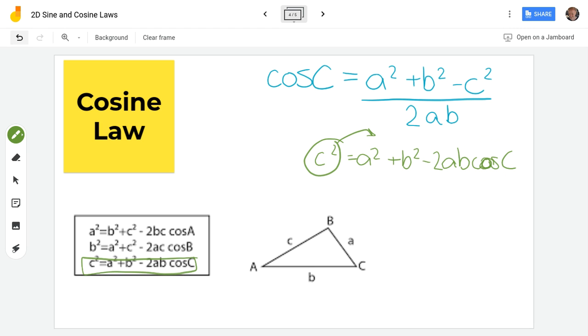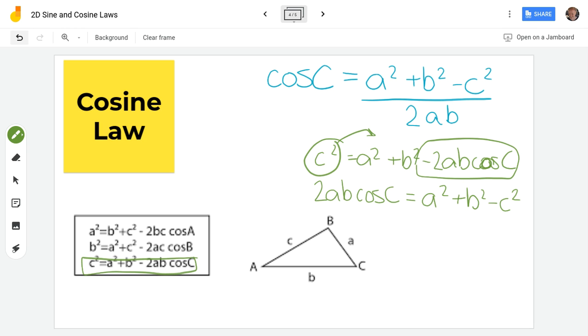I'm going to do those in the same step just for the sake of space. So I took this entire term, negative 2ab cos C, and I added it to both sides. So now it's on the left side. And then I'm going to take the c squared term and subtract it from both sides. So I end up with a squared plus b squared minus c squared.